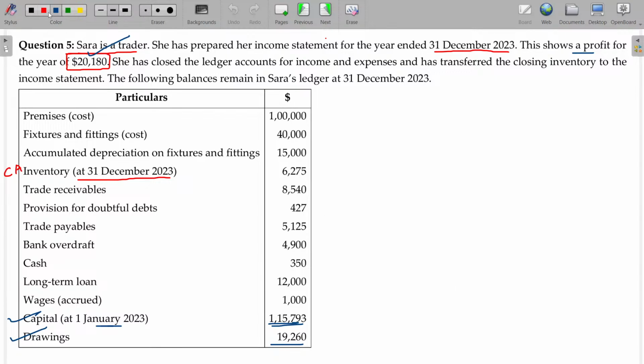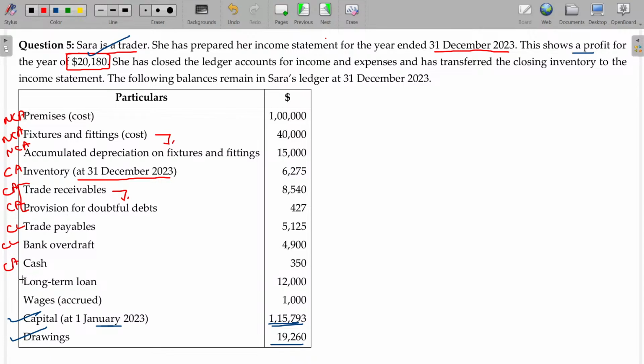Now try to find out where these things will come. Premises will come in the non-current assets. Fixtures and fittings, non-current assets. Accumulated depreciation will be adjusted along with these non-current assets. Trade receivables, current assets. Provision for doubtful debts will be adjusted along with this one. And trade payables, current liabilities. Bank overdraft, current liabilities.